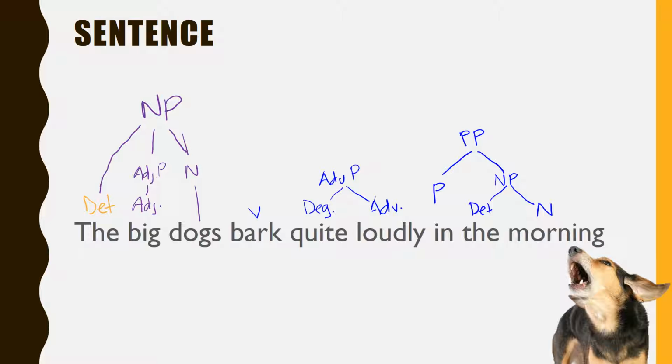So as we can see, my verb phrase is made up of a verb, an adverb phrase, and a prepositional phrase. And as we saw before, in order for us to have a sentence, we need a noun phrase and a verb phrase. And this is how we analyze every word in a sentence and the relationship between the combination of words.